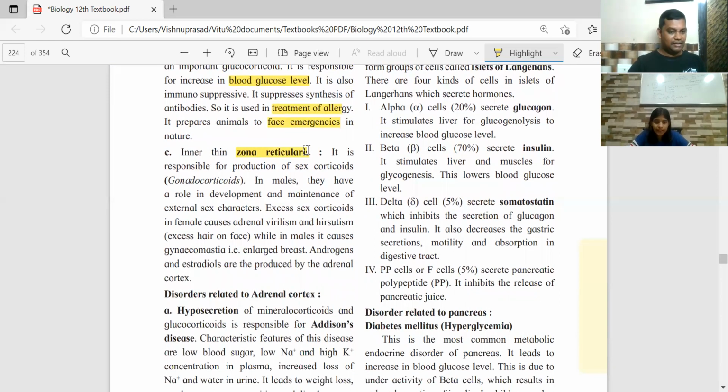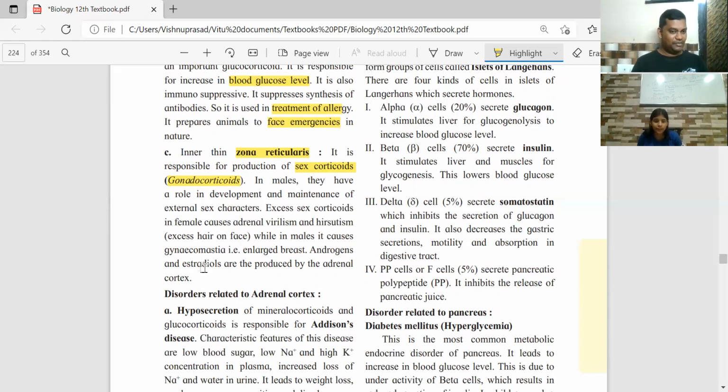The third one is the zona reticularis. It produces gonadocorticoids, also called sex hormones or sex corticoids.